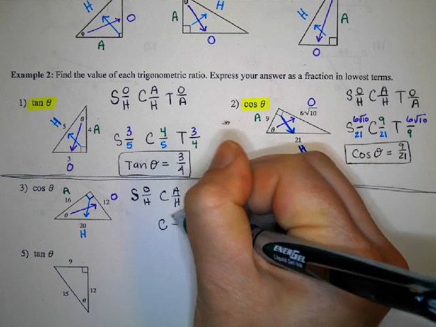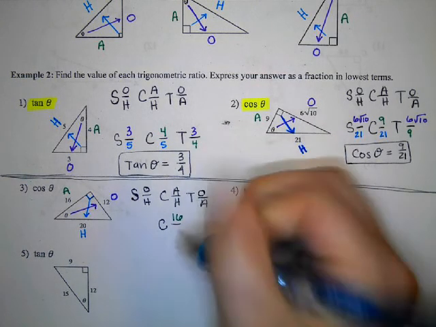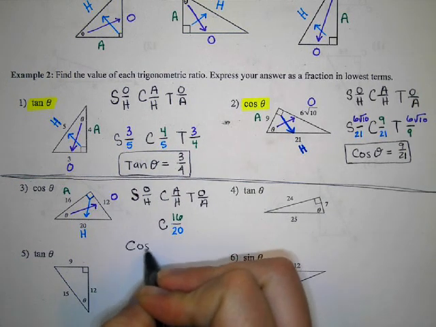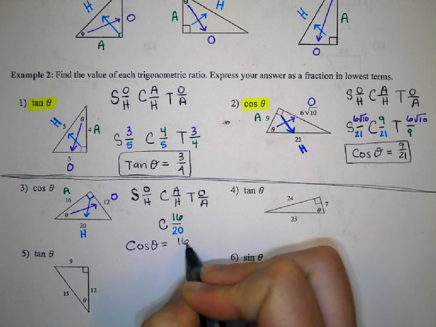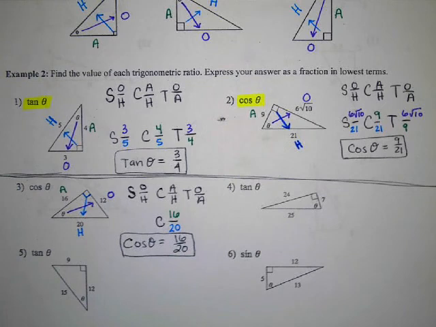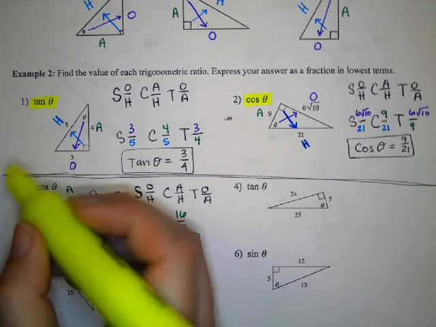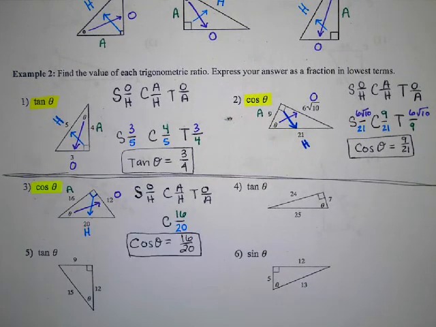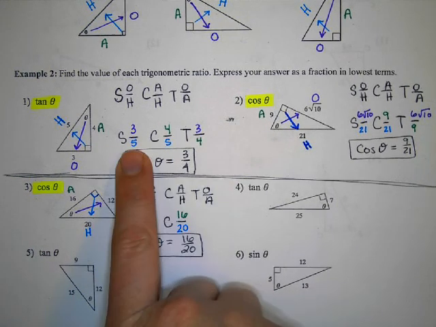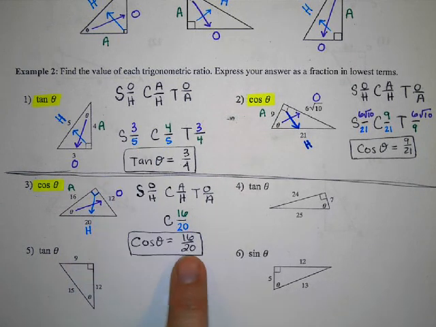A over H. Do you see how I'm starting to shorten? I'm starting to single out the one I want and just finding it. On the homework, it might ask for all three fractions. Other times on your assignment, it might only ask for one fraction.